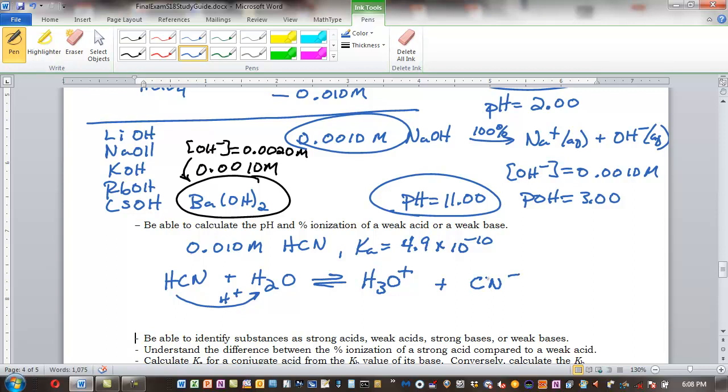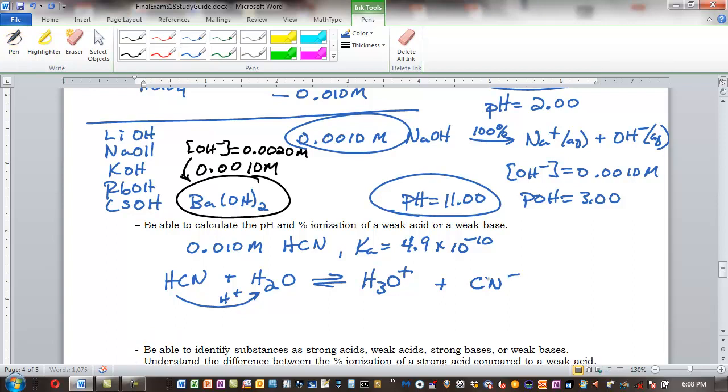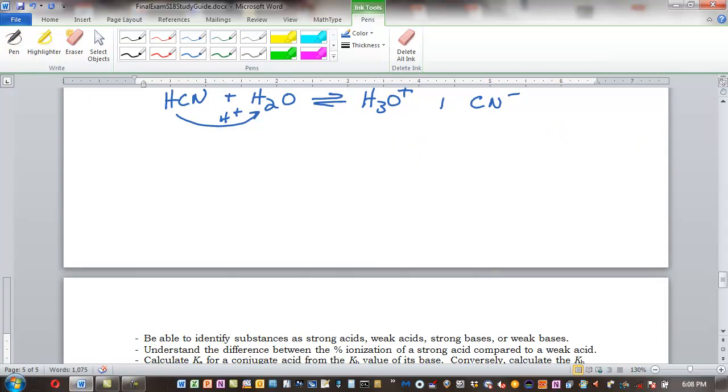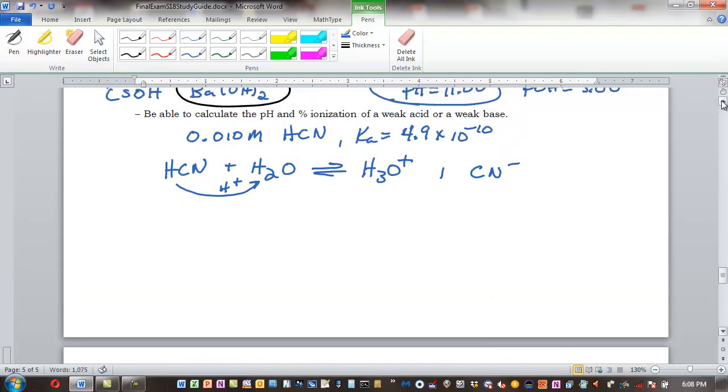So that acid loses an H+, and we're left with its conjugate base. All right, it's 0.01 molar. That's our initial concentration of that acid. We'll assume that the products are essentially 0 before we start.